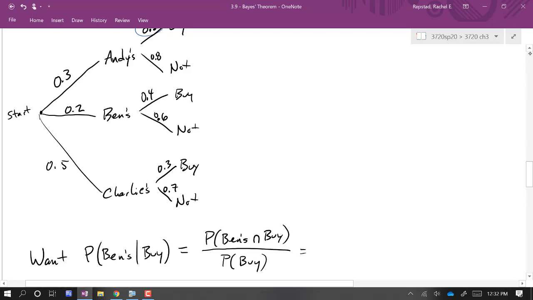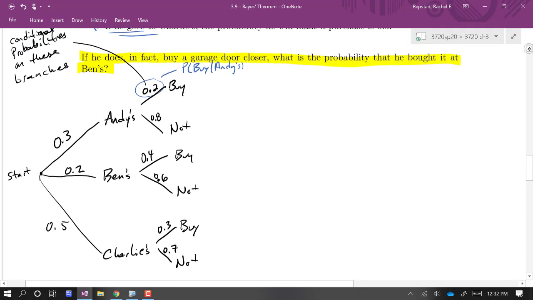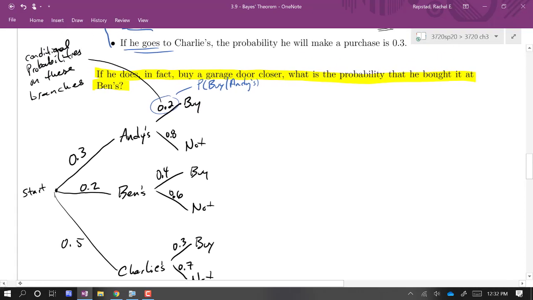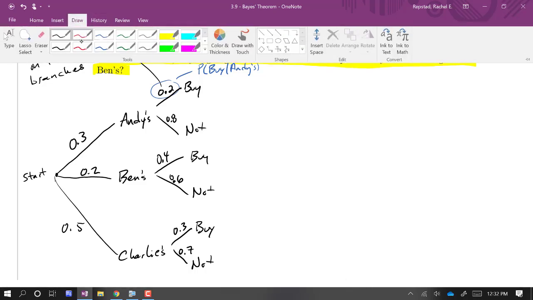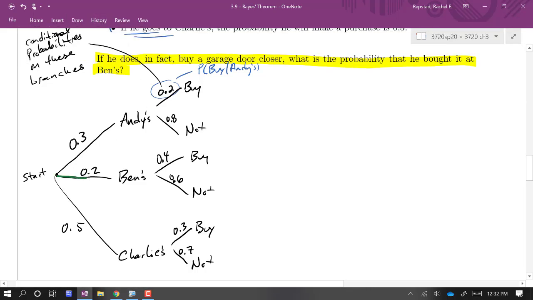So the probability that he went to Ben's and bought a garage door closer is represented by taking this path on the probability tree. He went to Ben's and he bought the garage door closer. We take the probability he went to Ben's and multiply it by the probability that he bought a garage door closer given that he went to Ben's.